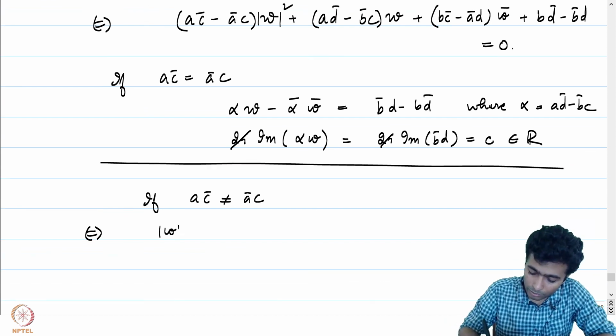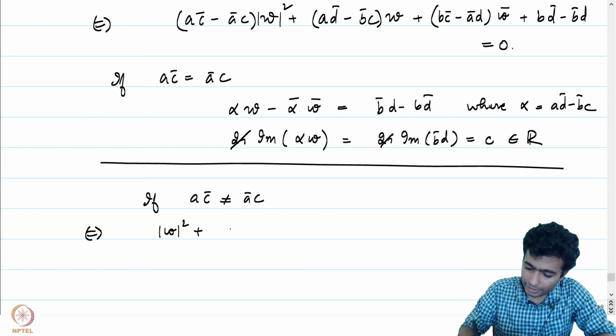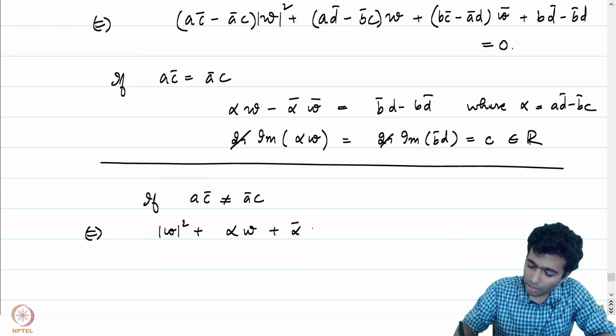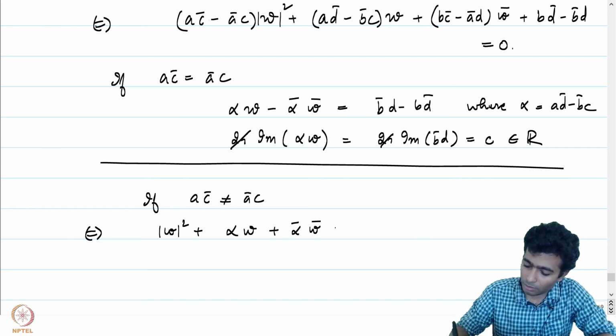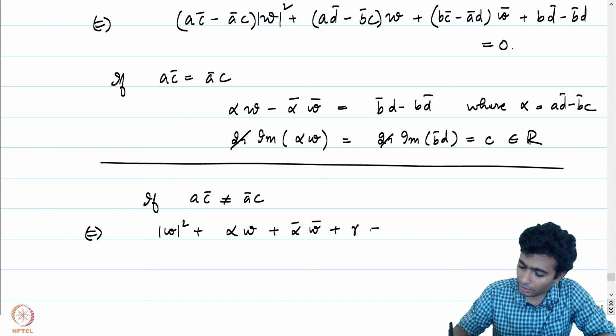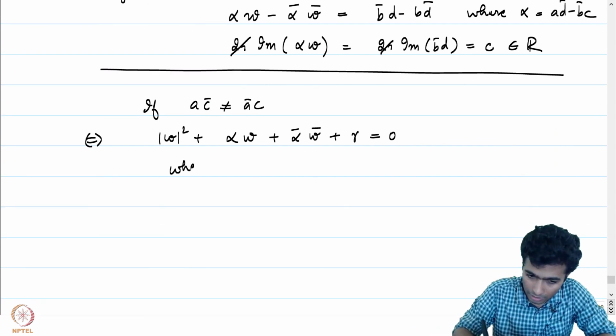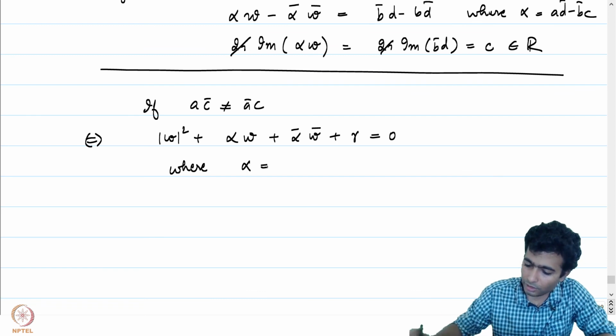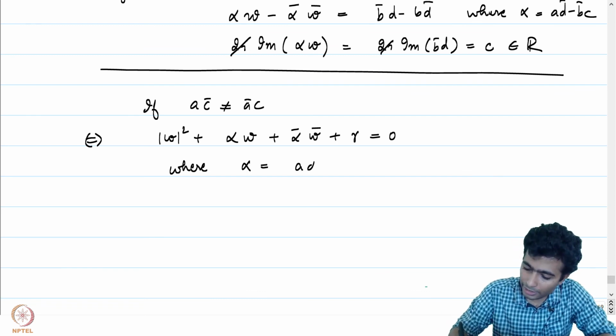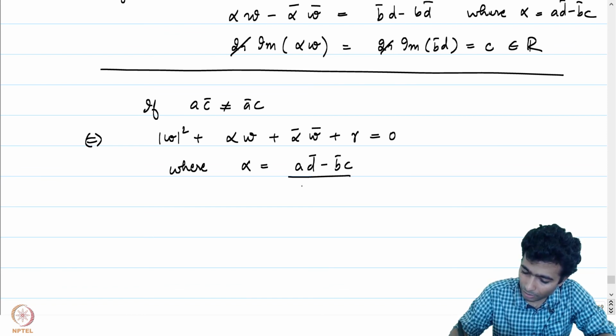Then |W|², I'll just quickly write it in this manner: |W|² plus alpha W plus alpha bar W bar plus gamma is equal to 0, where alpha is just equal to (AD̄ − B̄C)/(AC̄ − ĀC).